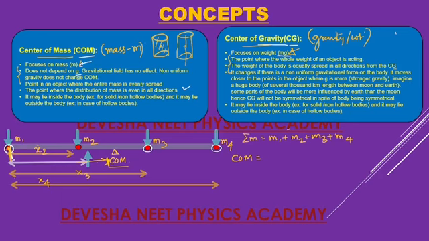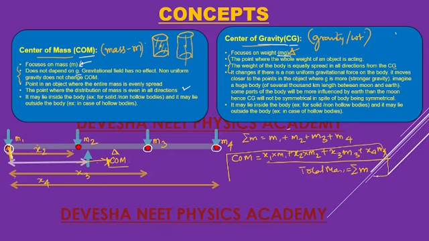It will be x1 into m1 plus x2 into m2 plus x3 into m3 plus x4 into m4, divided by the total mass, which is nothing but sigma m. So this is the way we compute the center of mass.